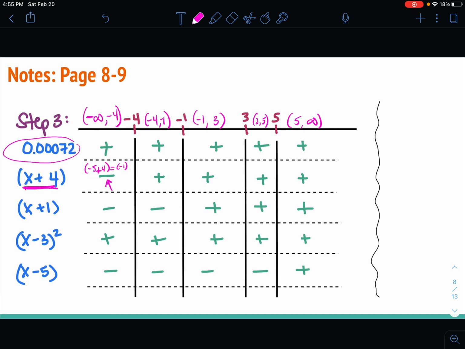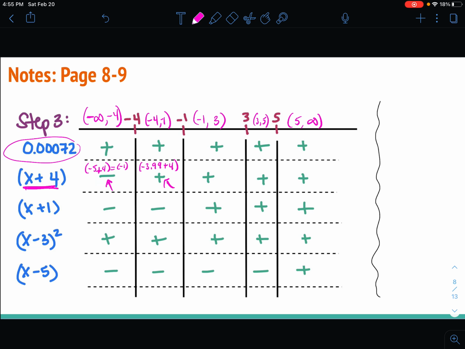Let's look at the next region from negative 4 to negative 1. Maybe I want to put in negative 3.99 plus 4. That will give me a positive value. We don't even care what the value is. We just want to know the sign, positive or negative. So looking through the rest of these, we're all positives. We do the same with x plus 1, where we get 2 negatives and 3 positives.